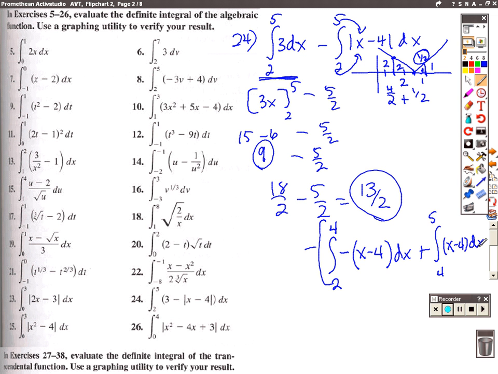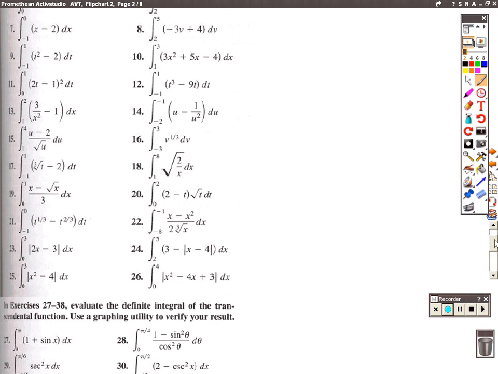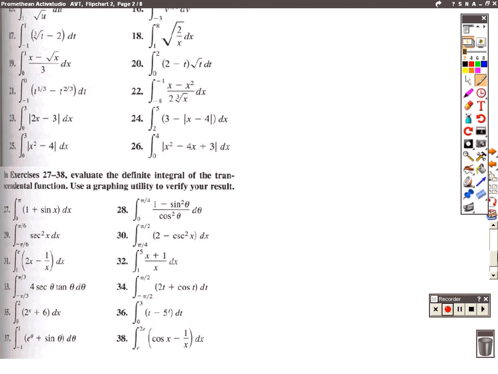Again, I'm going to get rid of this because I want to look at number 25. Now, 25 is not undoable, but it is a little bit more challenging because it's the absolute value of x squared minus 4. So think about the graph of x squared minus 4. The normal graph of x squared minus 4 would be a parabola translated down 4 units.